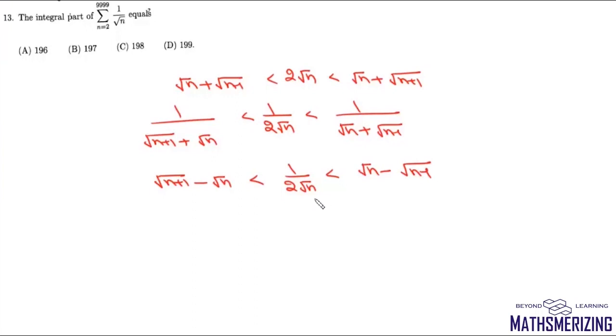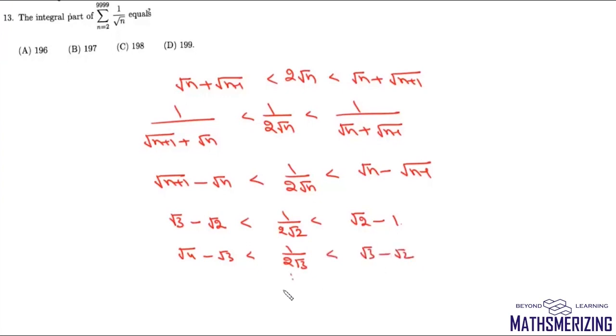Now we'll put n as 2, we can write root 3 minus root 2 is less than 1 upon 2 root 2, which is less than root 2 minus 1. Now we'll put n as 3, we'll get root 4 minus root 3 is less than 1 upon 2 root 3, which is less than root 3 minus root 2, and we continue this series up to 9999.